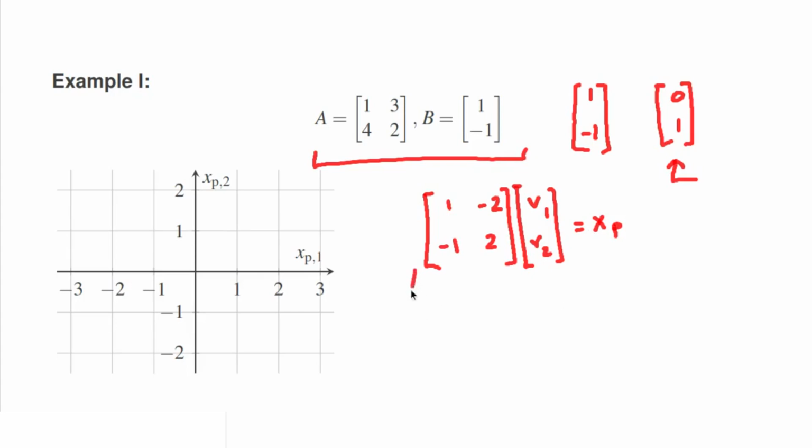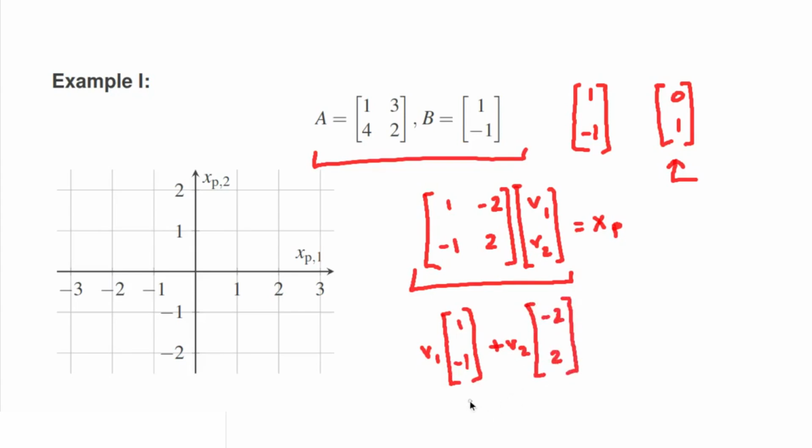To understand this, let's rewrite this matrix product as the sum of two vectors. On the previous slide, we saw to do this, we have to take each column of the matrix M and weight it by the corresponding entry in the vector v. So doing this, we get v1 multiplied by the first column, which is 1, -1. And to this, we add v2 multiplied by the second column, which is given by -2, 2.